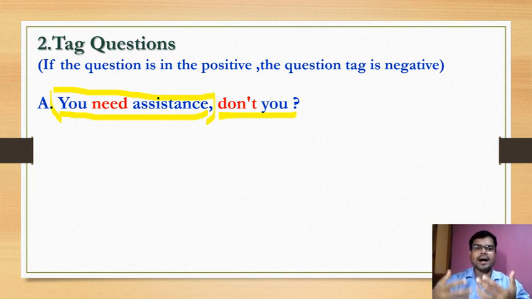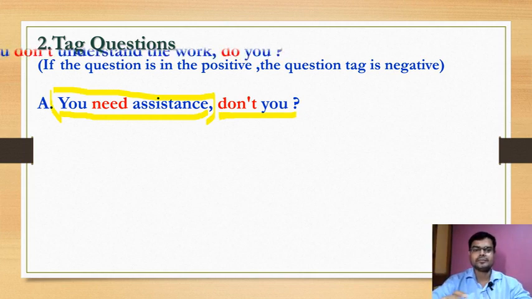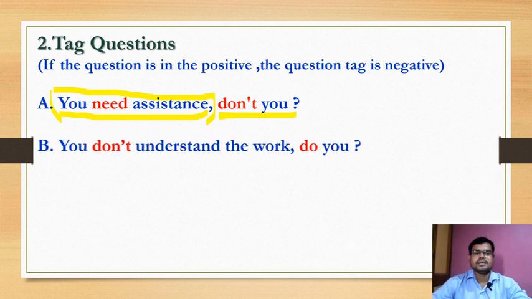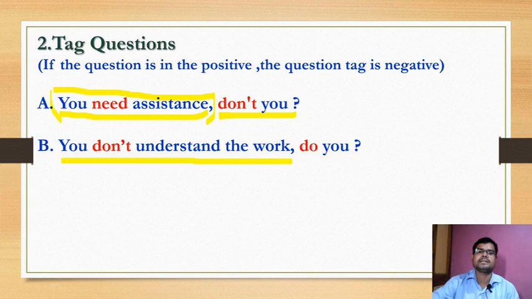Now let's take another example. "You don't understand the work, do you?" Here is one more example of a similar type. The only difference is that now this part "don't" is a negative word.